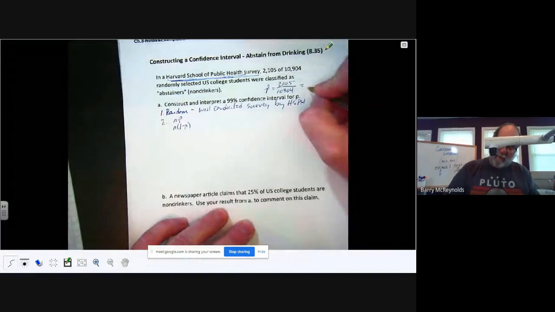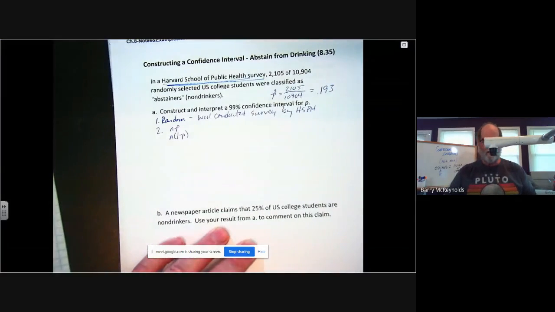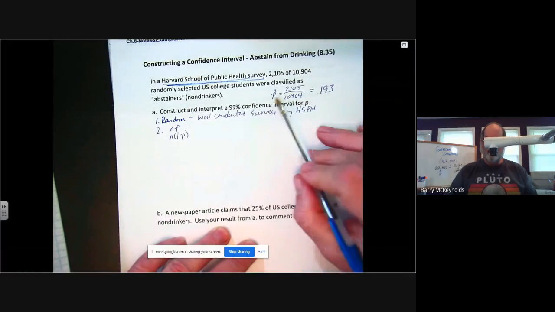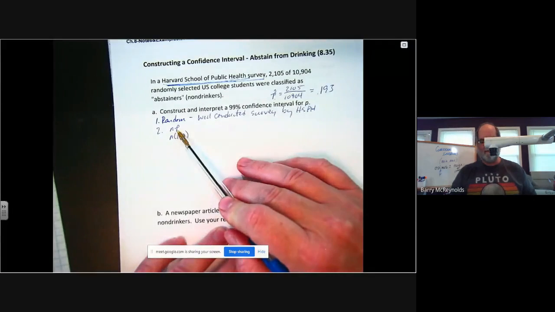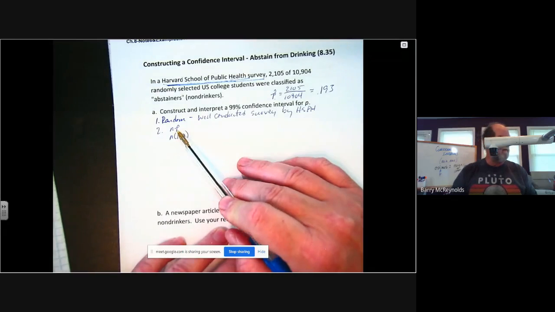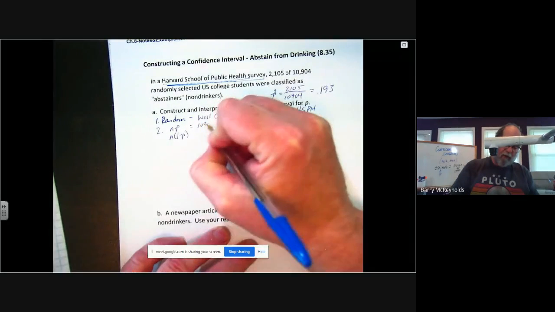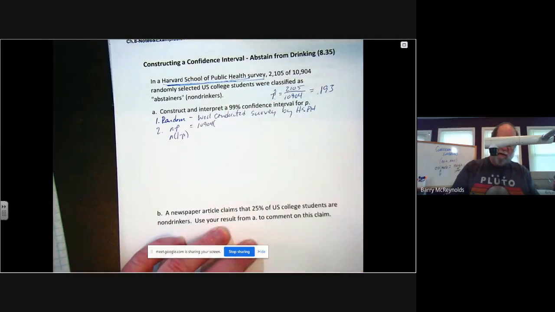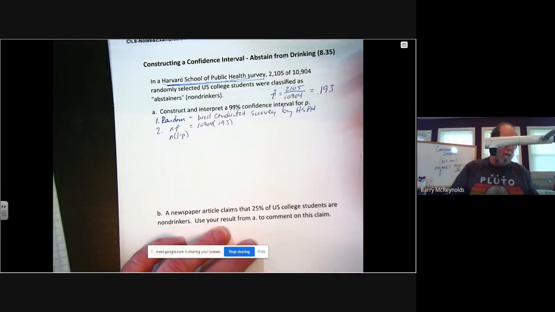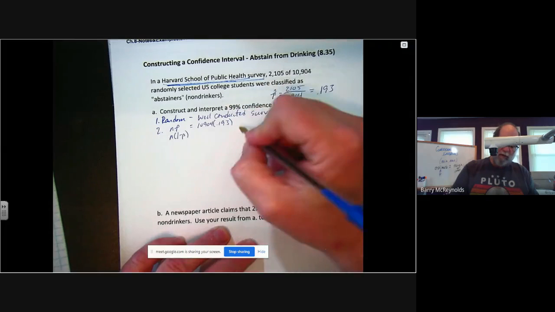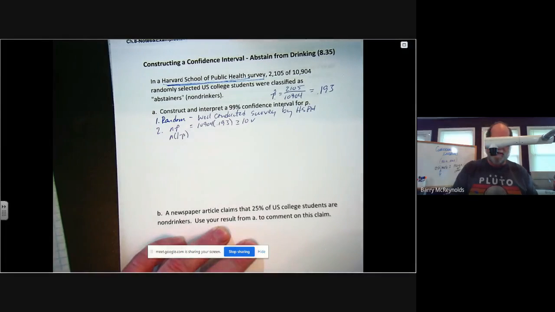So p hat is 0.193. And that's our point estimate for the true population parameter, and that's as good as we've got. So we're going to use it. So n here is 10,904, and p hat is 0.193. I won't do the arithmetic, but all we need to know is that it's greater than or equal to 10, and we're sure of that.